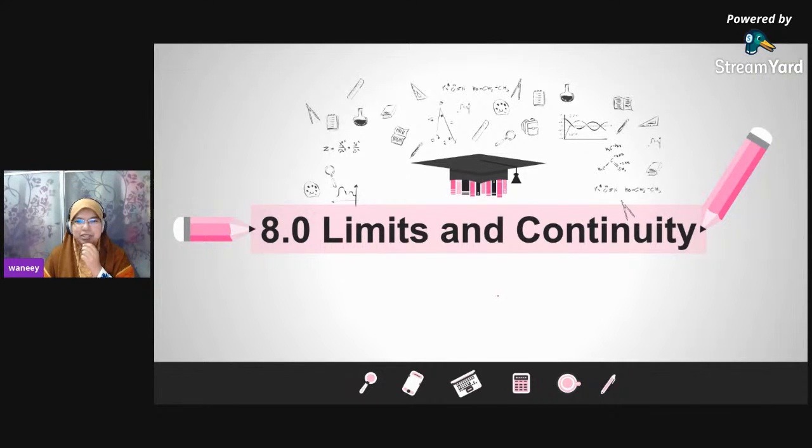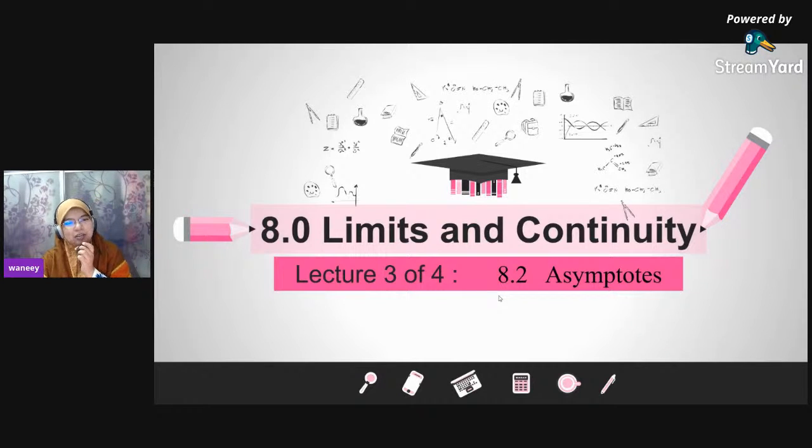Okay, so 8.0, limits and continuity. So let us start then. It's already 12:03, so let us start straight away. Okay, so today we are going to do 8.2 asymptote. So we are talking about the vertical asymptote as well as the horizontal asymptote.